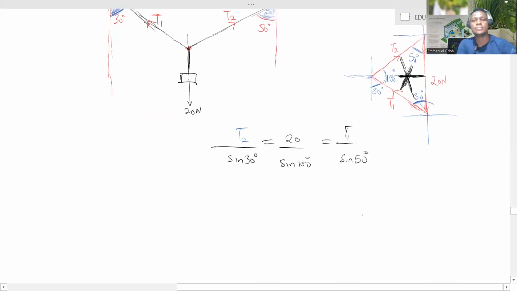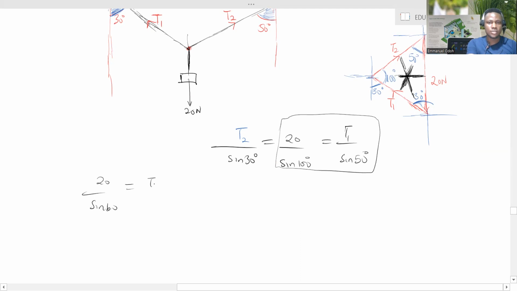So I'm taking any two. For me to get T1, I'll take these two and solve. 20 over sine 60 equals T1 over sine 50. So I can make T1 the subject of the formula. T1 equals 20 times sine 50 over sine 60.